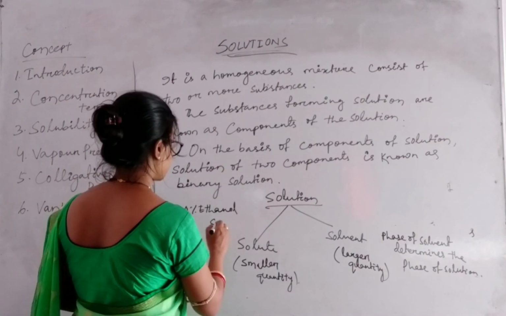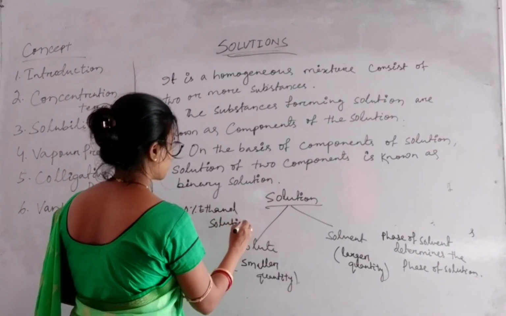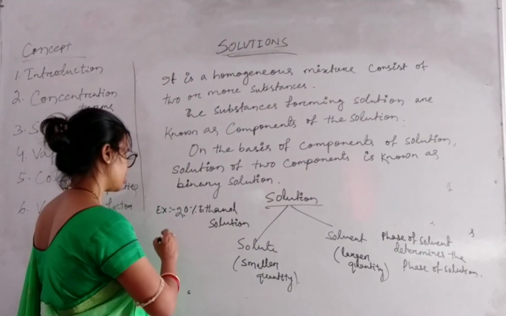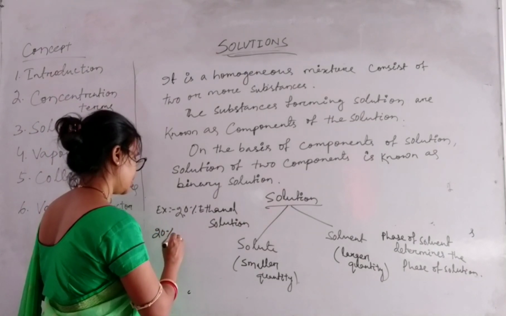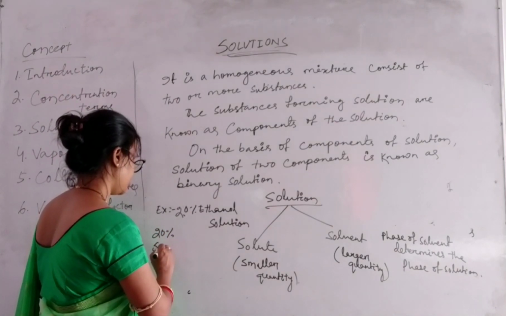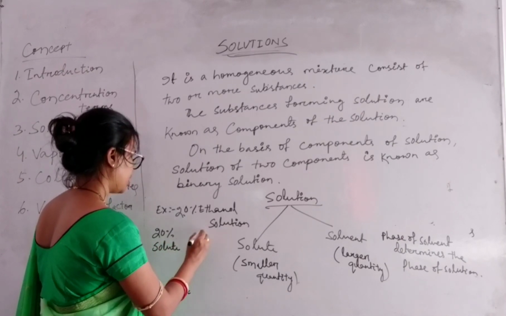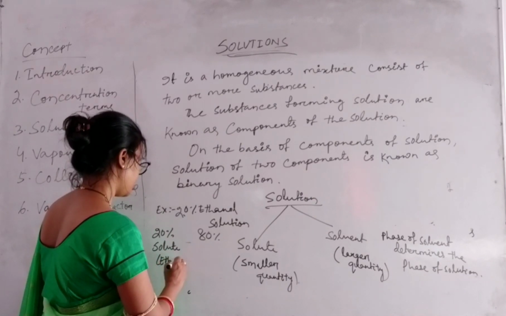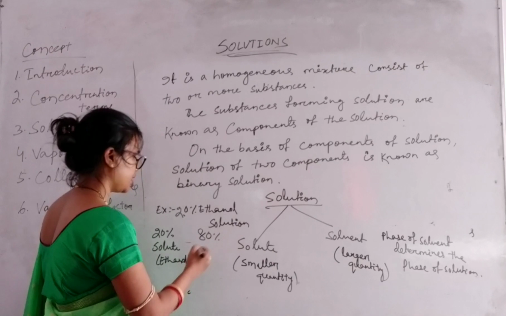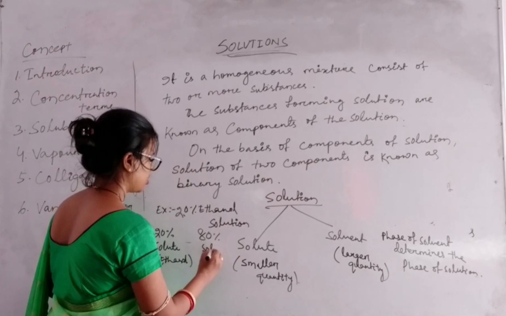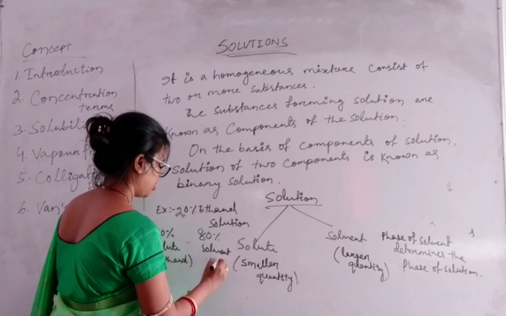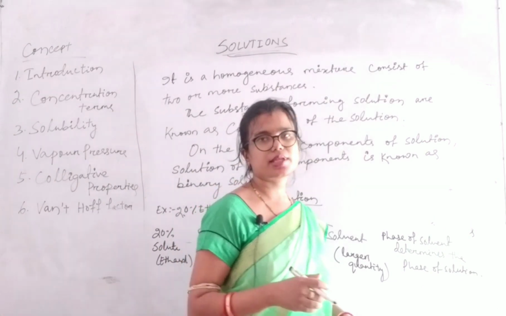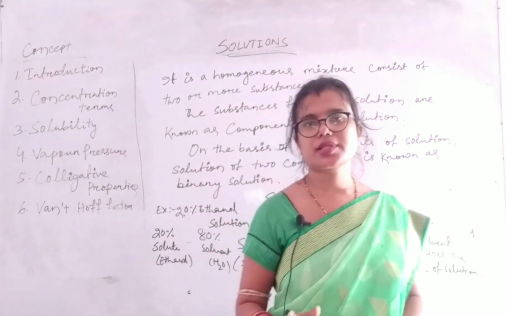Here 20% ethanol solution means 20% is solute, that is ethanol, and 80% is solvent, that is water. If we take 50% ethanol, that means 50% ethanol and 50% water.